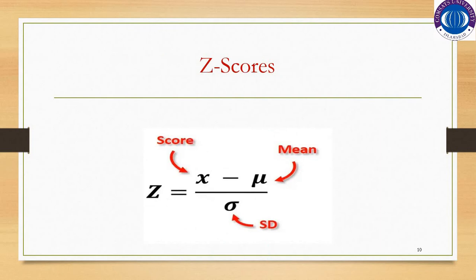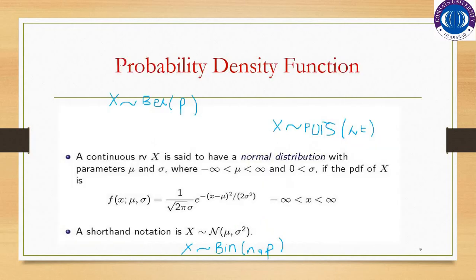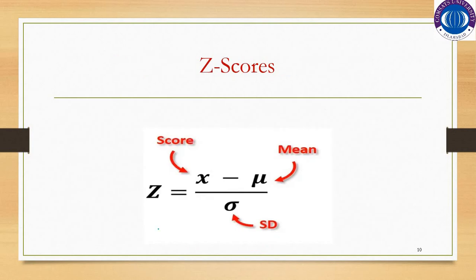Z-scores. So Z-score is basically x minus mu over sigma. You are transforming this random variable x, these scores, into the Z-scores: x minus the mean of the distribution, which is mu, divided by the standard deviation.